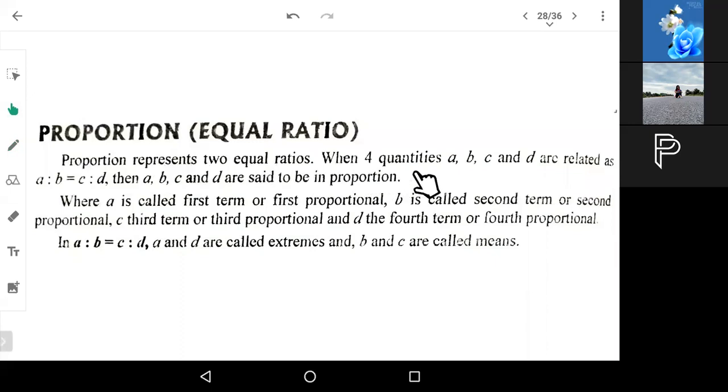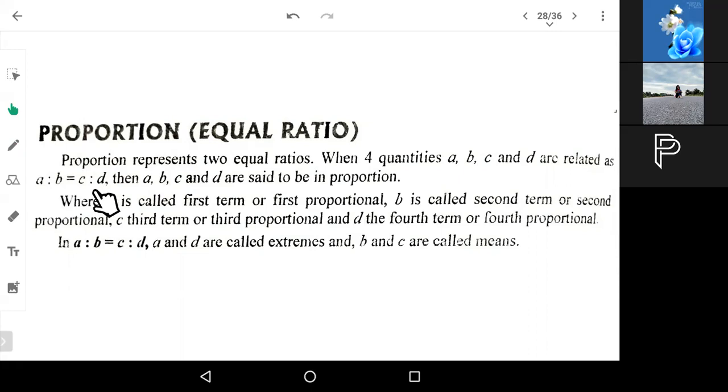When four quantities A, B, C, and D are related as A is to B is equal to C is to D. If the A, B, C, D quantities are related like this, you have two ratios here. So two equal ratios. One ratio is A is to B. The other ratio is C is to D. And these two ratios are equal.